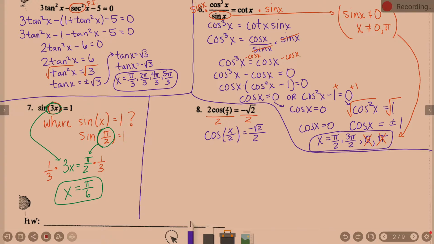Now, forget the x over 2 for a moment. Kind of like last time. Last time I said forget the 3x. I'm saying forget the x over 2 and just ask yourself, where does cosine of x equal negative square root of 2 over 2?